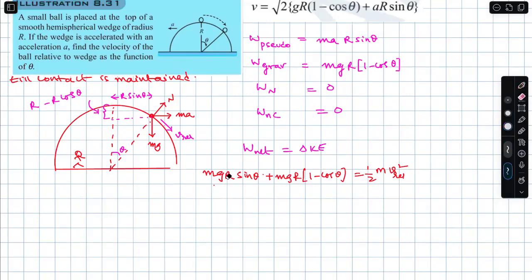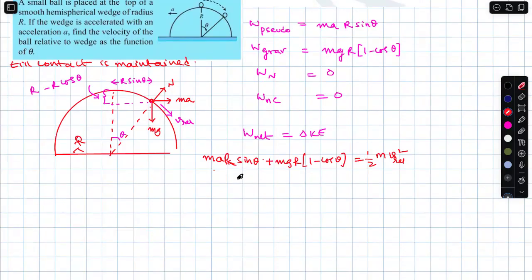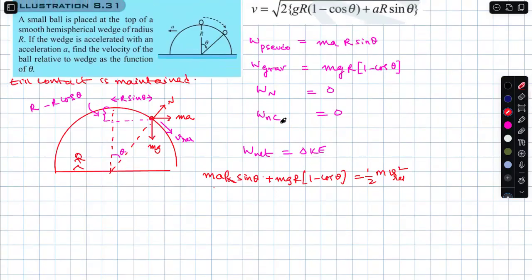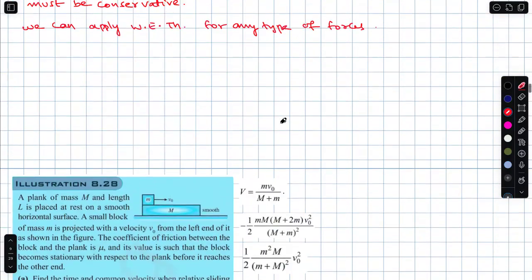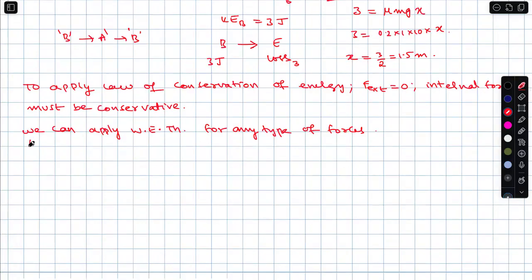Thanks for the correction. So mAR sin theta. Done. Remember, I have applied the work energy theorem in the reference frame. There is no restriction that you should apply work energy theorem only in certain frames. We can apply the work energy theorem for any type of forces, in any reference frame, either inertial or non-inertial.